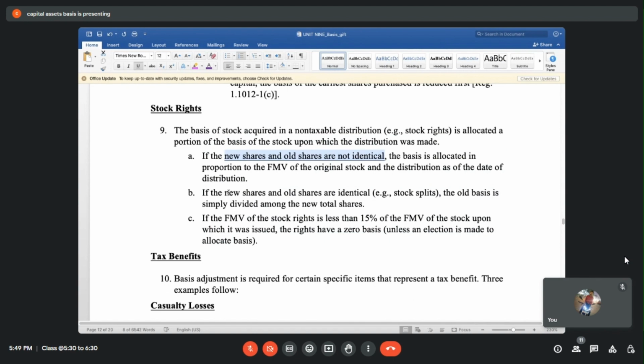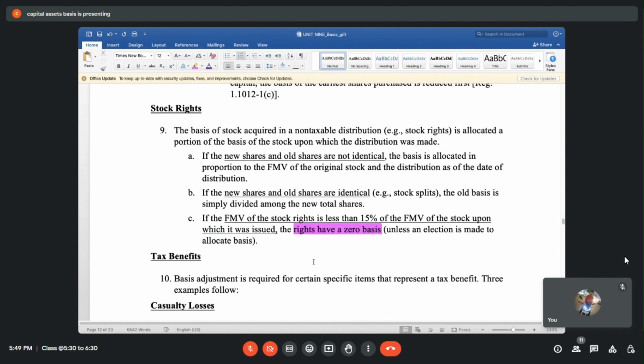Second, if the new shares and old shares are identical, for example stock splits, the old basis is simply divided among the new total shares. Third, if the FMV of the stock rights is less than 15% of the FMV of the stock upon which it was issued, the rights have a zero basis unless an election is made to allocate basis.